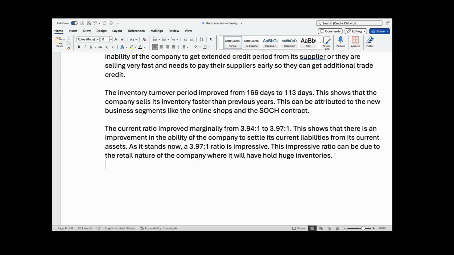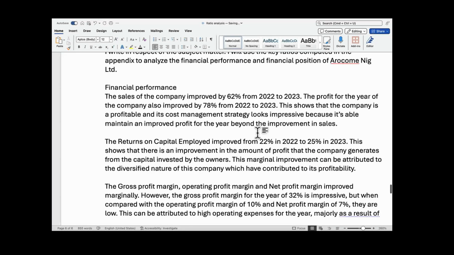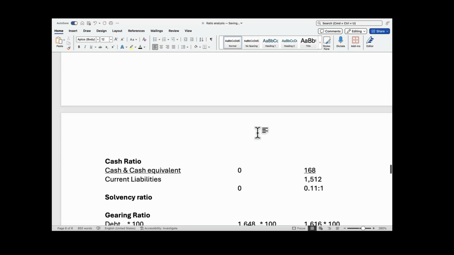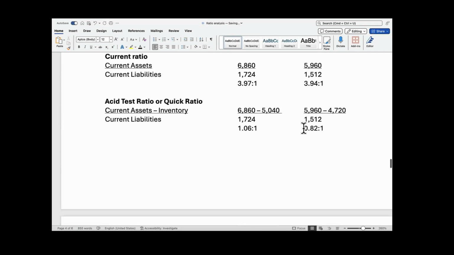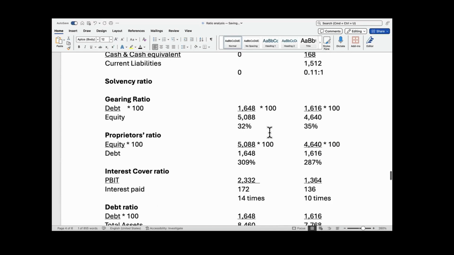But let's look at the quick ratio. You see that would just not be as high, because by the time for quick ratio, you will have removed inventory. And as you can see, it's not so good. So 3.2 to 1.06.